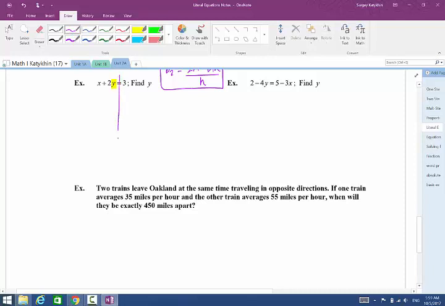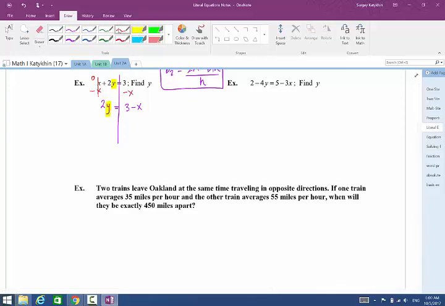So ask yourself, is there any addition to that y? And there is. You're adding an x to it, so that means we need to get rid of that x first. So we're going to subtract x from both sides, which then gives you 0 here. And you get 2y is equal to 3 minus x. Now again, don't lose sight of what you're solving for. You're solving for y.